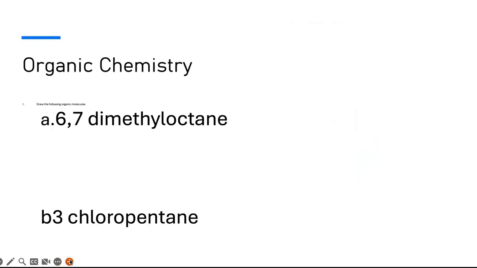All right, a little bit more organic chemistry. See if you can draw these molecules. So octane, again, I'm going to go ahead and do a carbon chain, all single bonds because of that ANE ending, 4, 5, 6, 7, 8.